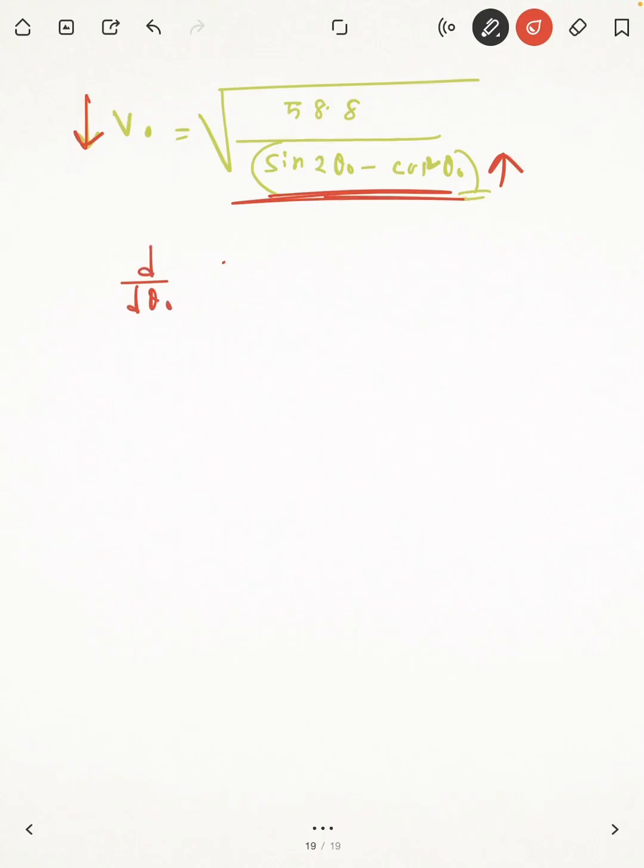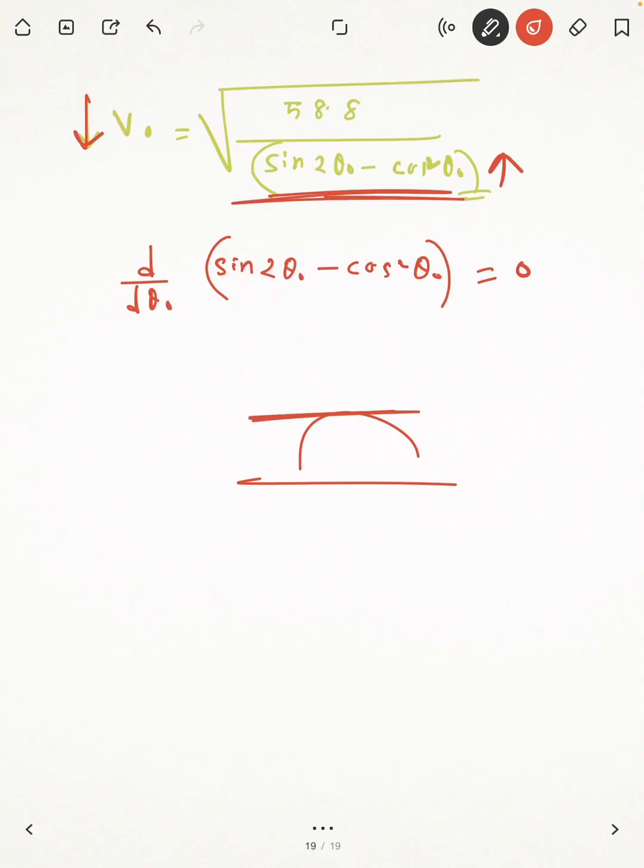So d by d theta naught of sine 2 theta naught minus cos square theta naught, to make it maximum, should be 0. Because at any maximum, the slope is 0.